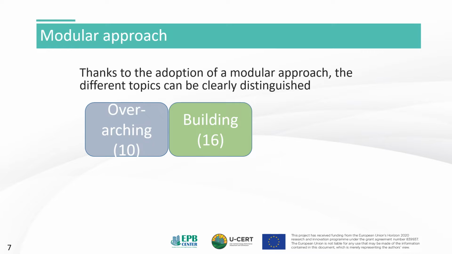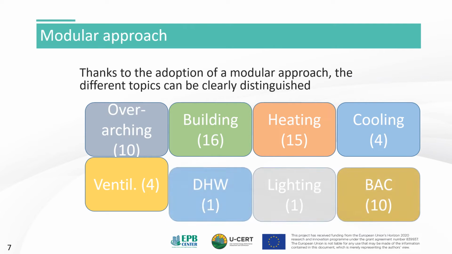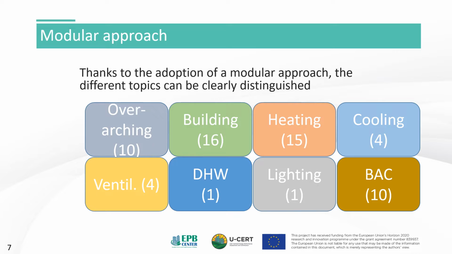Then you have 16 EPB standards on the building itself. Then you have a number on heating, cooling systems and ventilation and airflows. On domestic hot water, lighting and building automation and control, and in total this gives you 61 EPB standards, which is the current total set.